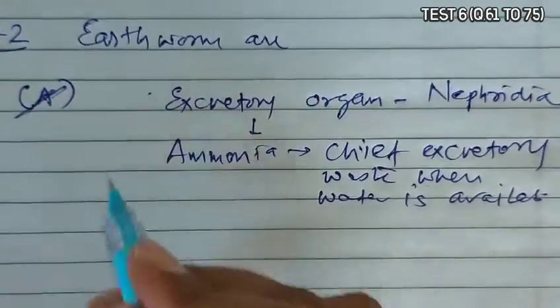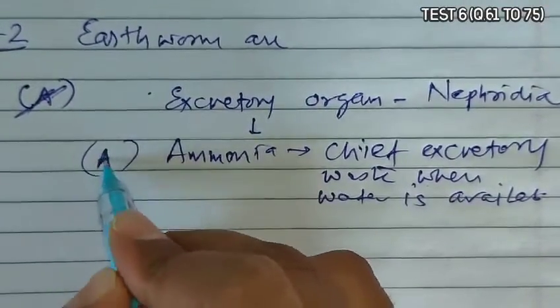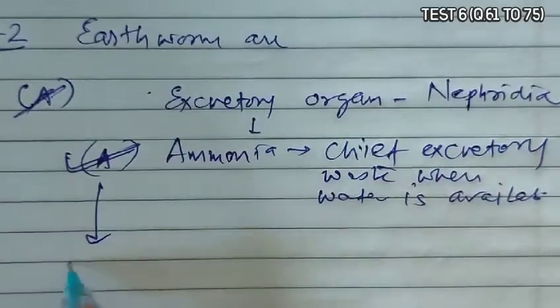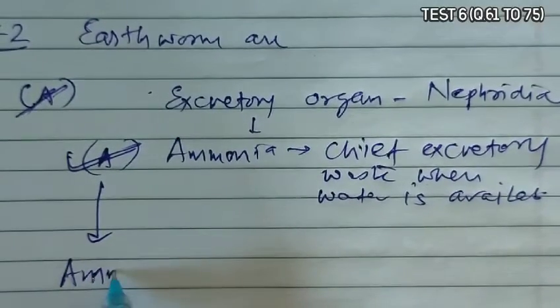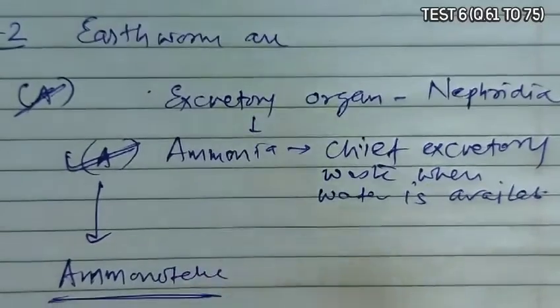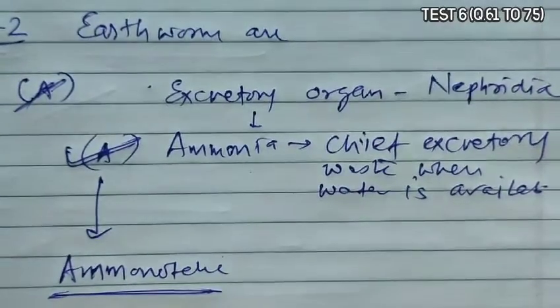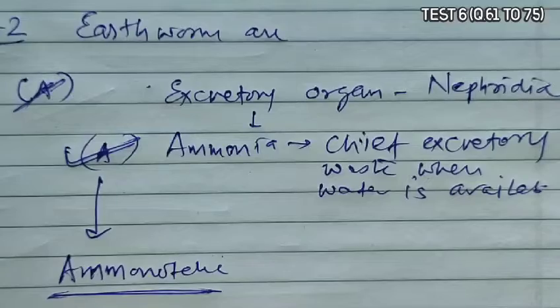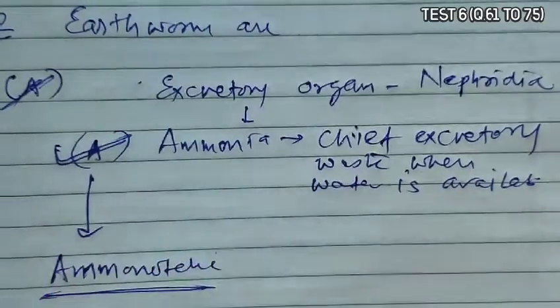So according to this, our option A becomes the correct answer, that earthworm is ammonotelic and releases ammonia when there is plenty of water. So A is the correct answer.